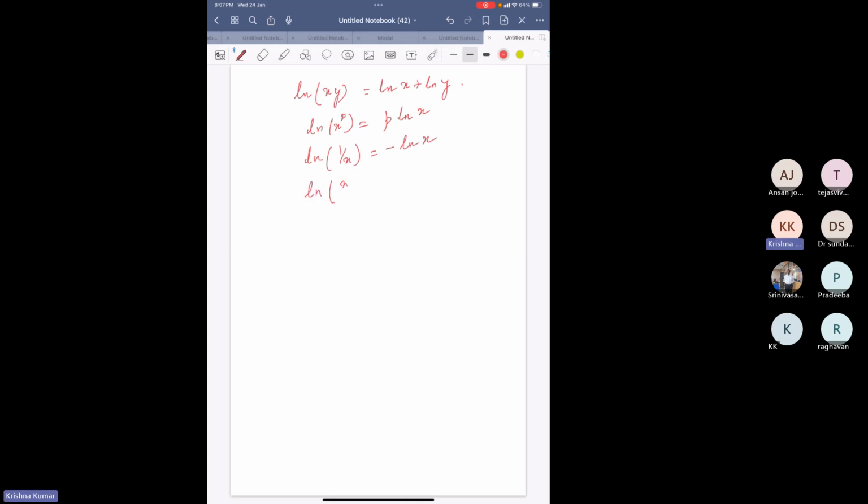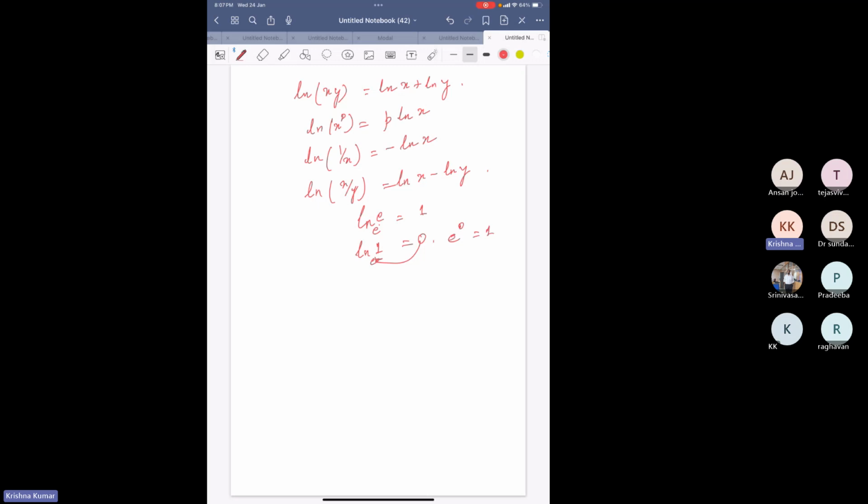Log of x by y is equal to log of x minus log of y. Log of e to the base e is equal to 1. Obviously, this is going to sit in the middle, 1. And log of 1 is equal to 0, because e power 0 is equal to 1, that's going to sit in the middle.